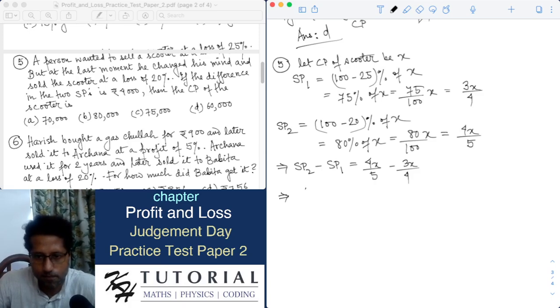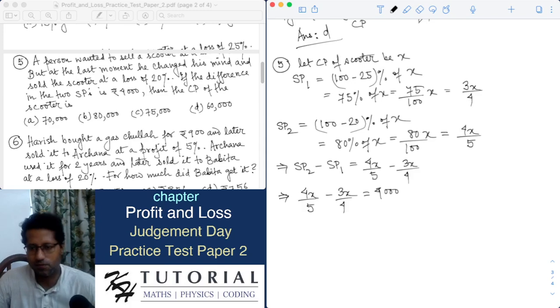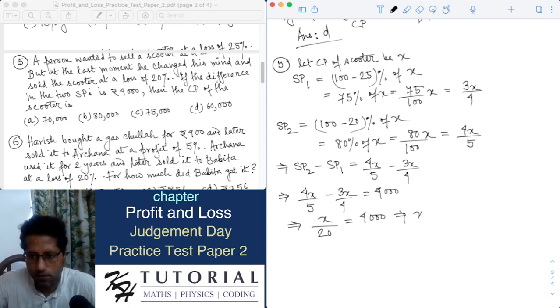So 4x by 5 minus 3x by 4 equals 4,000. I'm omitting the rupee symbol, it is understood. If you simplify the left hand side, it will be 16x minus 15x, that is x by 20 equals 4,000. This implies x equals 4,000 into 20.